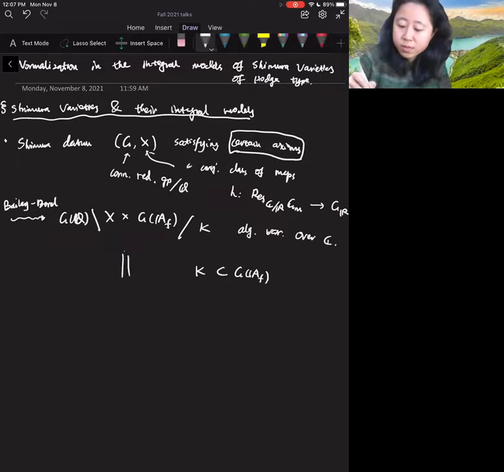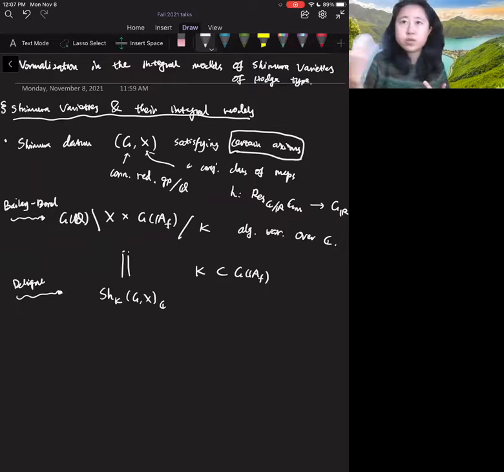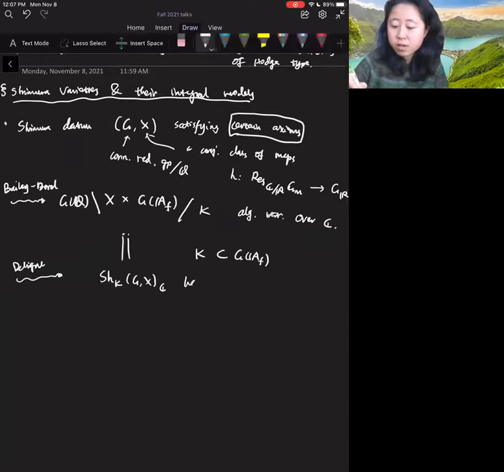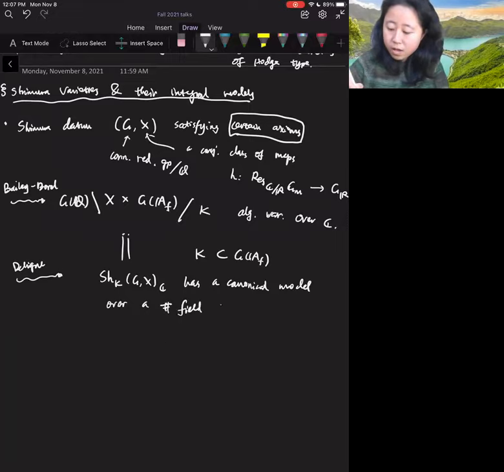Let's denote this double coset space by this notation, for reasons that will become clear in a second. It's a theorem due to, I think, Deligne and also some other people, for example, Shimura and also Milne, that this double coset space has a canonical model over a number field, which we denote by E(G, X).